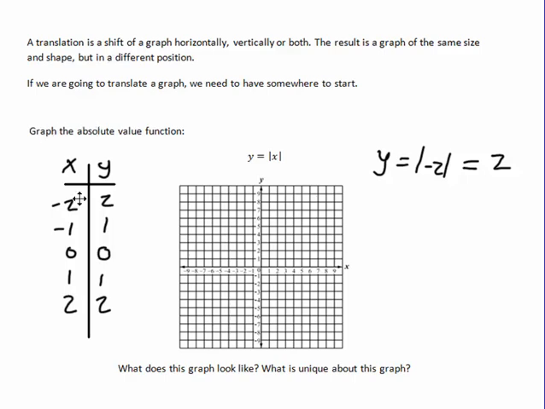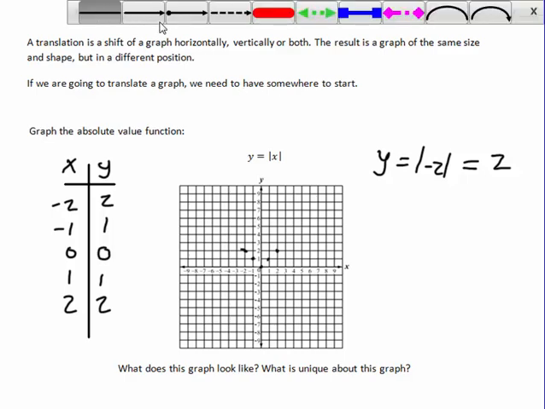So we can plot these points here on our graph. And we got -2, 2. We got -1, 1, 0, 0, 1, 1, and 2, 2. Now I can start to see the shape of this graph lining up here.